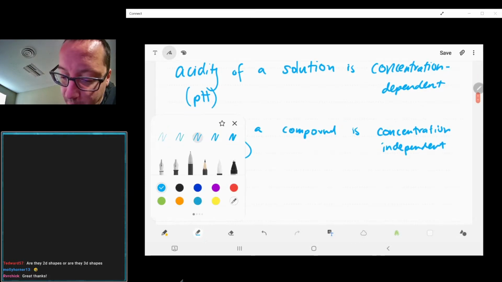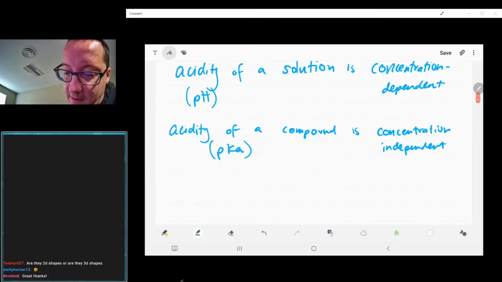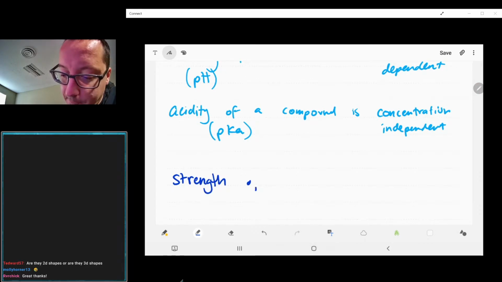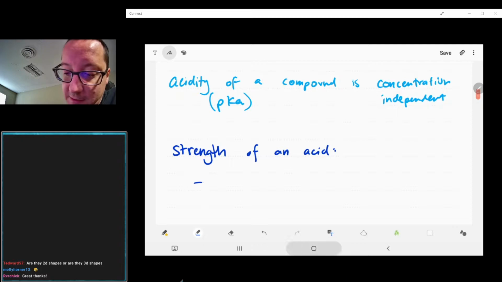So really, the biggest part here is that the strength of an acid is dependent on, my spelling of the word strength. What it really comes down to is a couple of factors, but the most important one deals with the stability of the conjugate base.